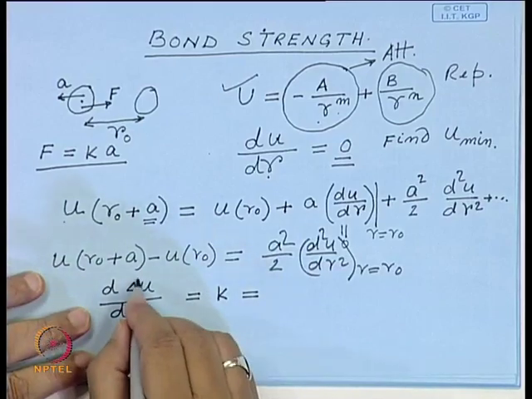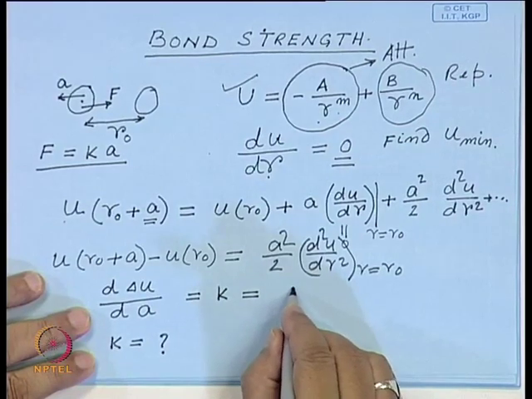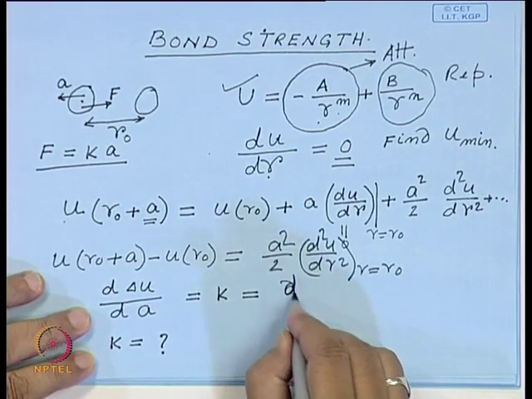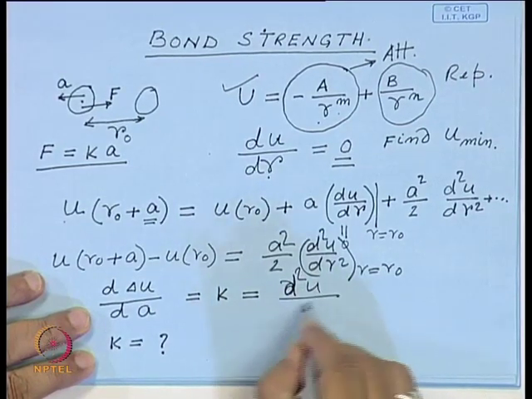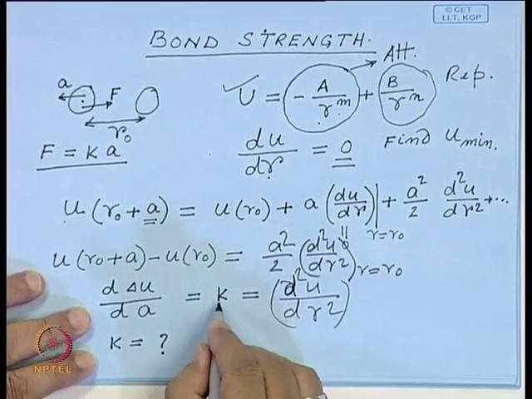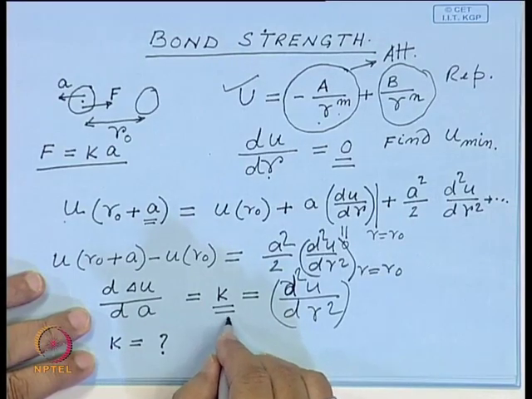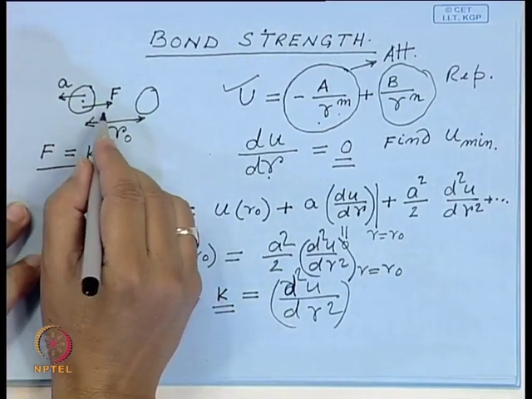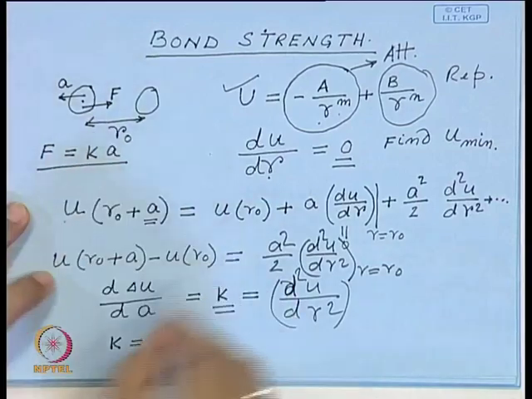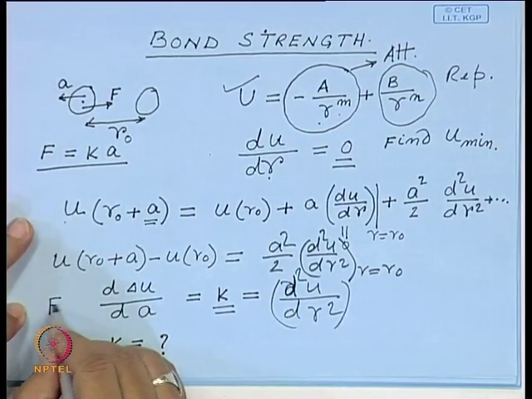Now, if you differentiate this with this displacement, what you get is d2u dr square. Basically this is called a constant k. If you try to push it, this first differential gives you the force.